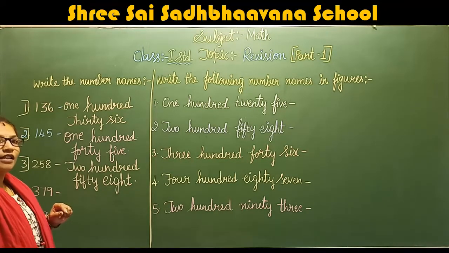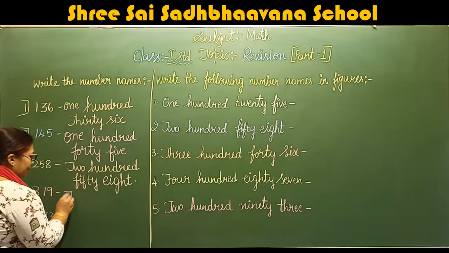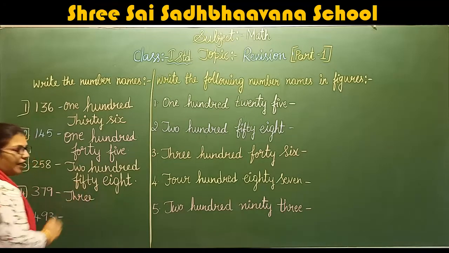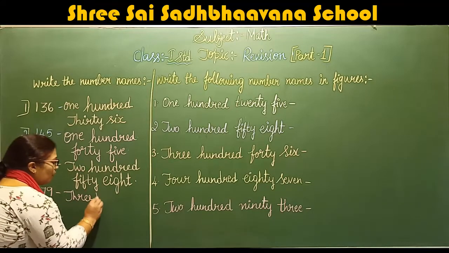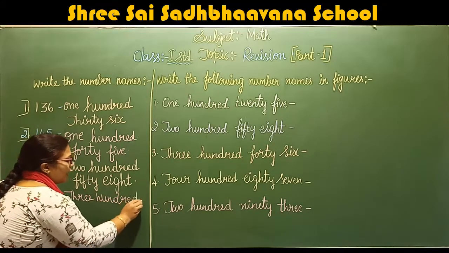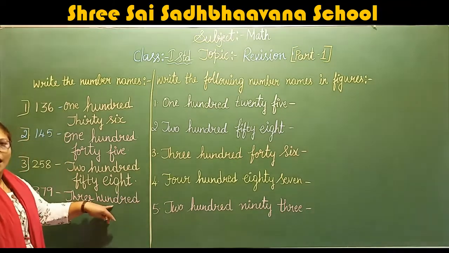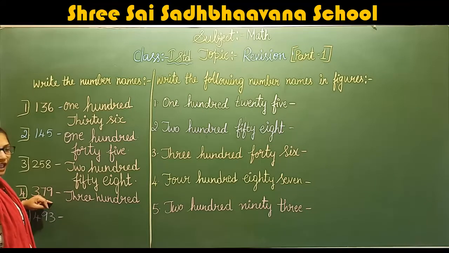Then the next one they have given is 379. 3 is in the hundreds place. What do you have to write? First you have to write three, and 3 is in the hundreds place, so you should write hundred. In the tens place, 7 is there, so 7 tens become 70, right?